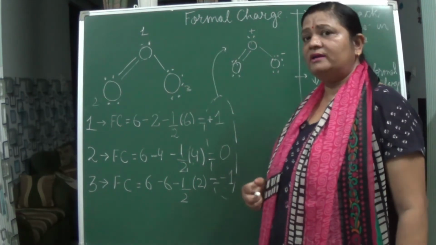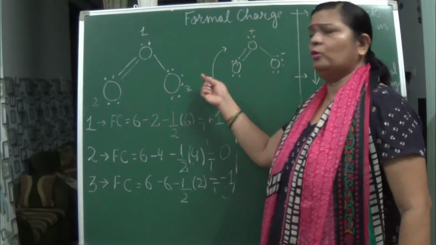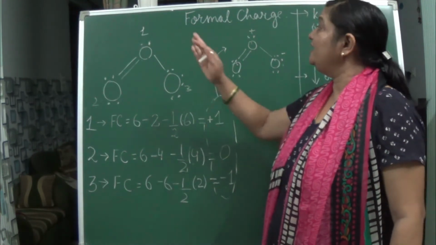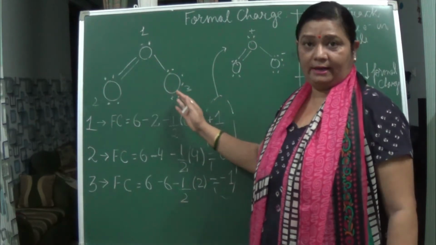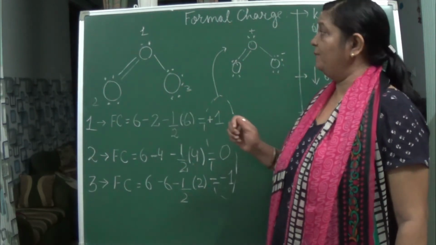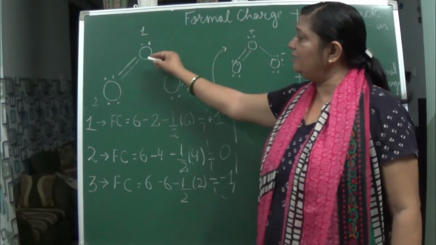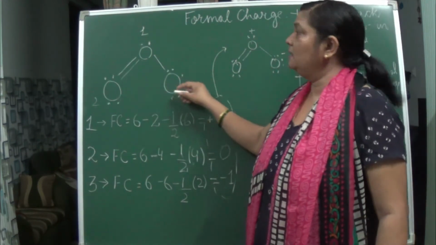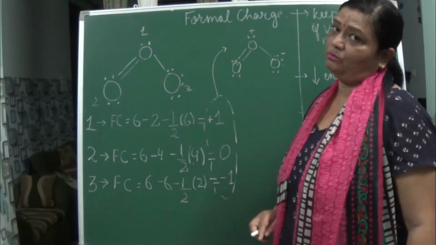So can we calculate the formal charge of the whole ozone together? No, I said to you, we take out the formal charge individually of each atom in the molecule. So here we will be assigning 1, 2 and 3 to these three oxygen atoms which form the ozone molecule.